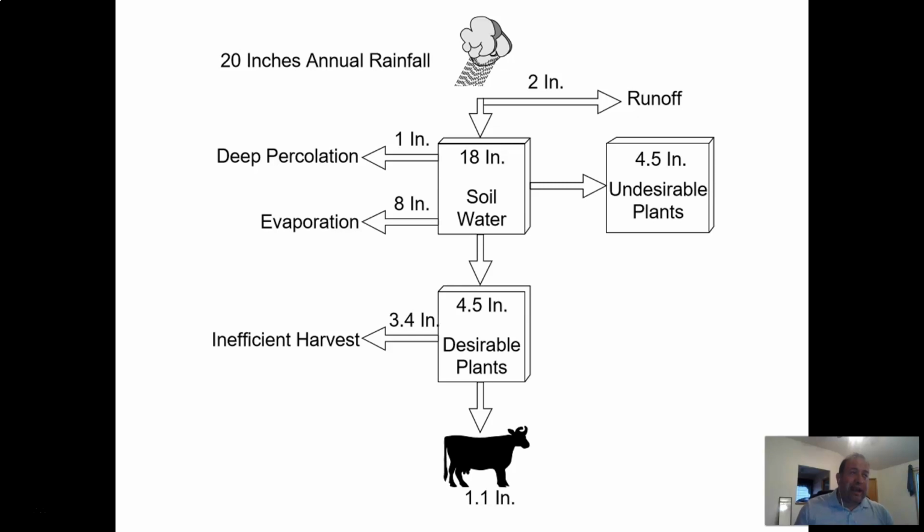We'll lose like 8 inches of it to evaporation, maybe an inch to deep percolation, gets into the groundwater and then leaches through. So now we're down to like 5 inches that actually get into our desirable plants for our animals, and then maybe the animals only get about an inch of that water. It's really interesting to think about how limiting of a factor water could be on these rangelands.